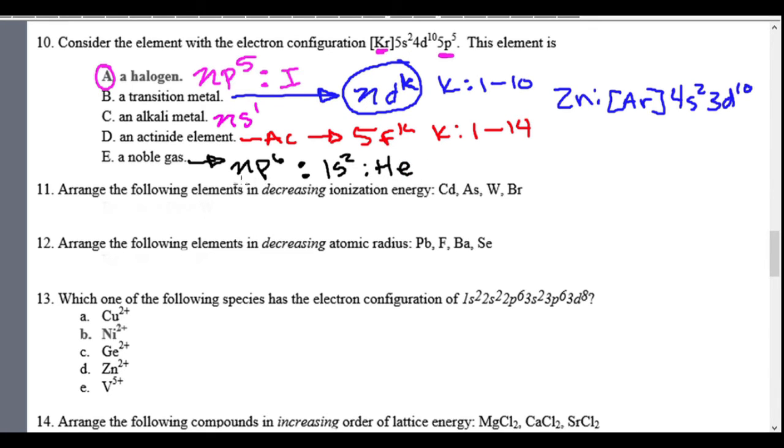Other than that, it's np6. For period 3, it would be 3p6, which is argon. That's what it's going to end in. Be careful for the exceptions. Those are going to throw you off a little bit, and you'll see that in a second.